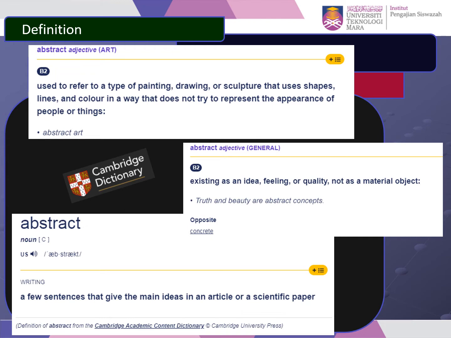Now the third definition, abstract as a noun, says that in writing it's a few sentences that give the main idea in articles or a scientific paper. So this is the abstract that we are talking about. What we're going to learn is to write this abstract.